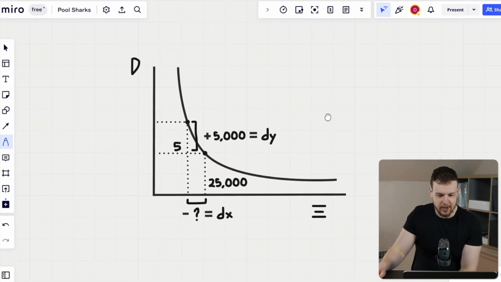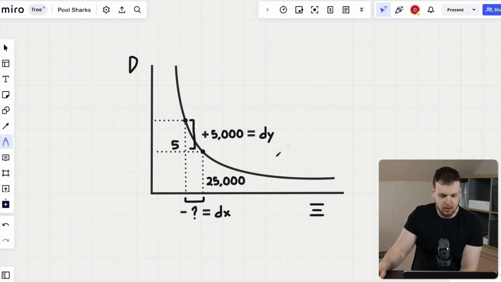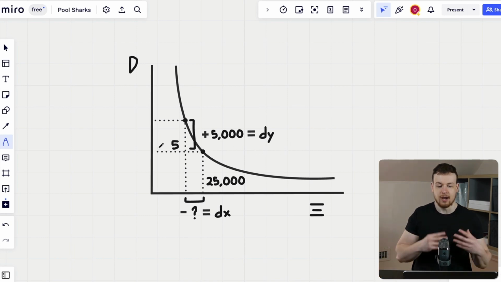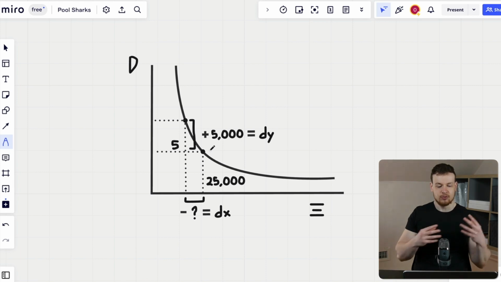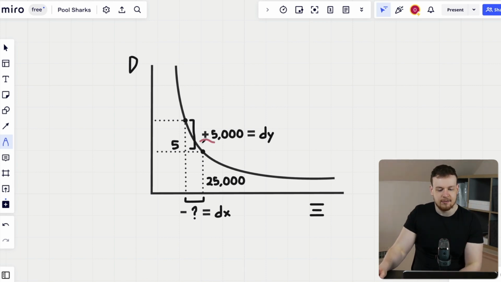Now let's go ahead and envision what happens when a trader actually comes in and swaps on this curve, right? So we have another graph here where you can see we have our original point where the supply was 5 Ether in the pool and 25,000 DAI in the pool. And now somebody came in and swapped, they put in 5,000 DAI, and they shifted the point on the curve to the left to this new point.